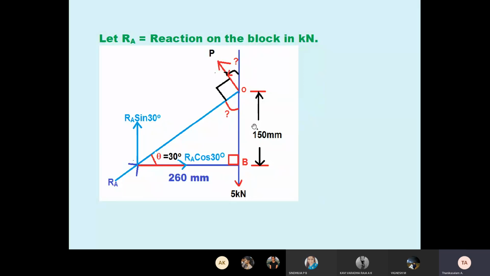It is 60. Yes, 60. Why are you hesitating? The triangle already has 90 degrees on one side and 30 here, so the balance is 60 degrees. So the inside angle is 60 degrees.